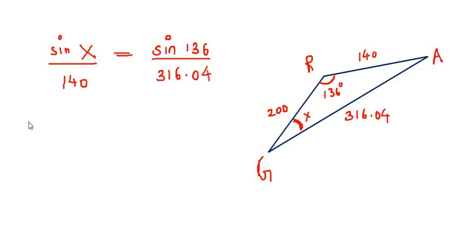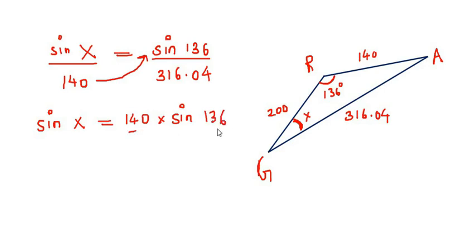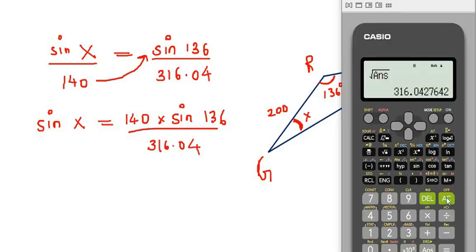So since we have to find angle x, let us keep sine x on one side, equals this 140 goes over here and gets multiplied with sine 136 divided by 316.04. So let us check how much we get there.